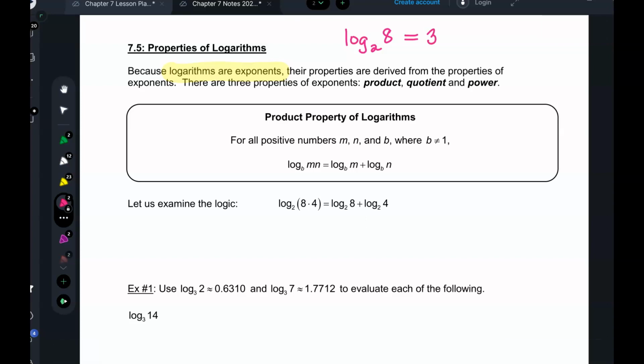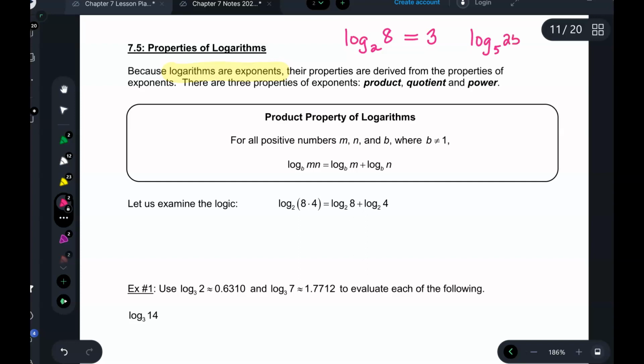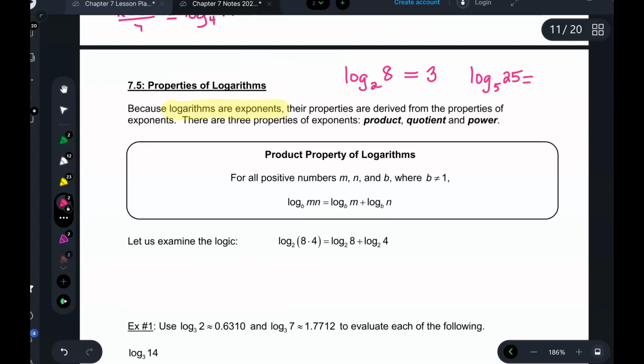If I said log base 5 of 25, 5 to what power gives us 25? 2. Right? When we did that, we made it equal to x and changed it around. But really, these logarithms are exponents. They are equal to an exponent.